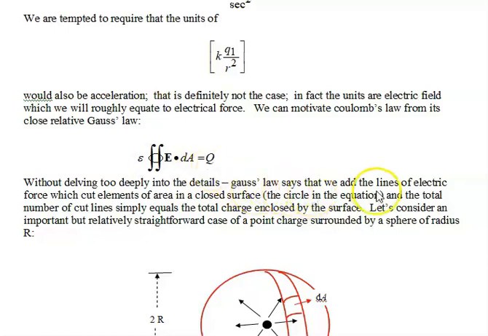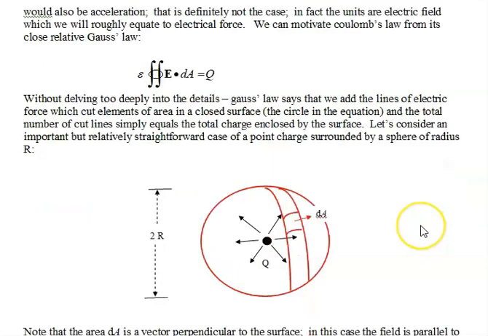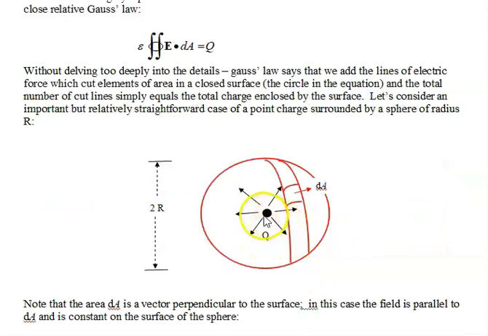Let's look at how we would use Gauss's law. Here we have a charge. It could be a charged sphere. It could be a point charge. Doesn't matter. It's spherically symmetric. And from that charge emanate lines of electric force, and here are those lines shown here. There's a certain density. We don't know how many; the absolute number is not important.